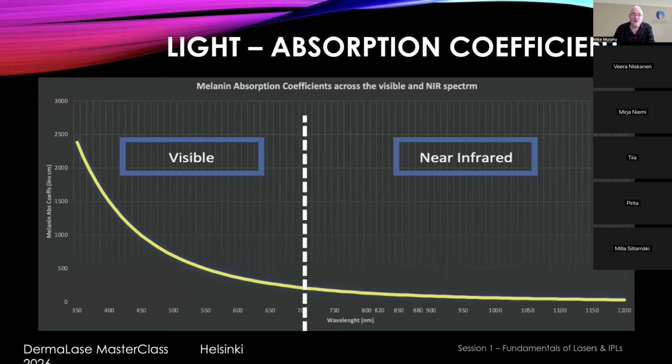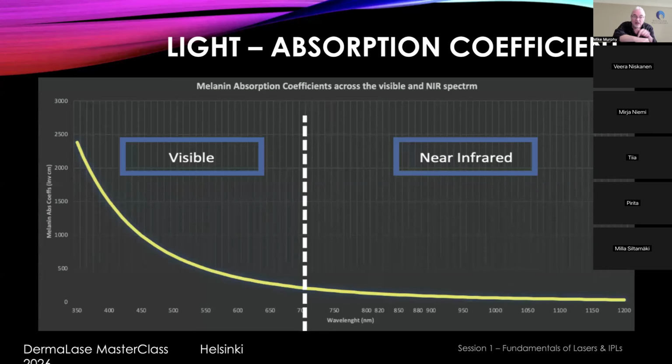So anyway, let's look at, oh, hang on, we got somebody joining us. Here we go, the absorption coefficient for melanin. So this is what it looks like at very low wavelengths, down at 350 nanometers. So that's ultraviolet. The absorption coefficient is very, very high, because melanin's job is to absorb ultraviolet light.